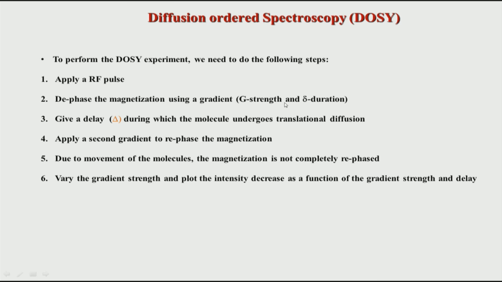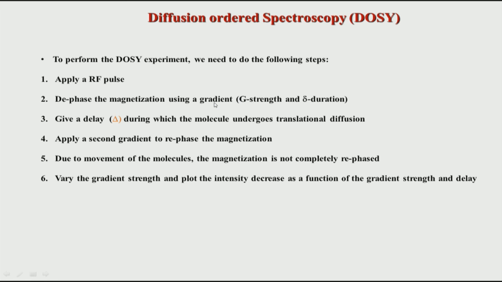One is the strength of the gradient, how strong it is, and second is the duration, how long the gradient was applied. The product of these 2 gives you the total gradient strength. So, I can reduce the gradient strength and increase delta, or increase gradient G and reduce delta. The product G into delta is what matters.